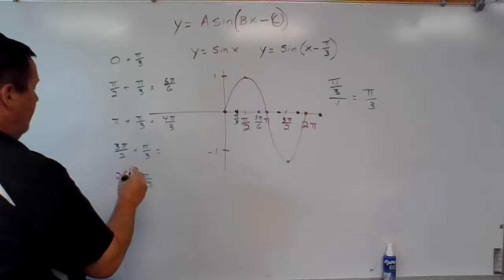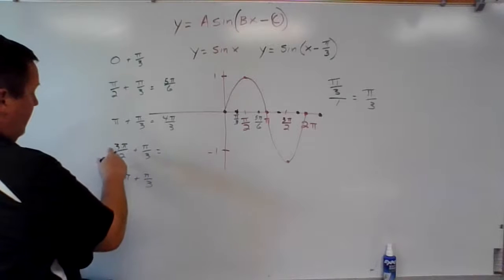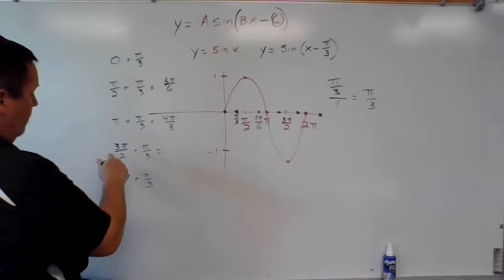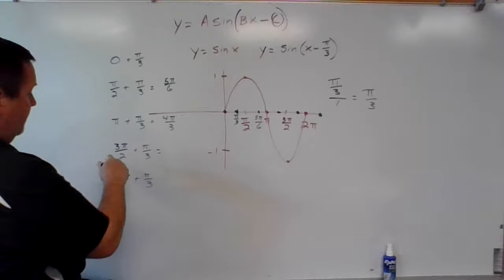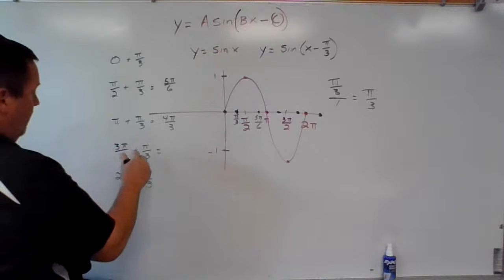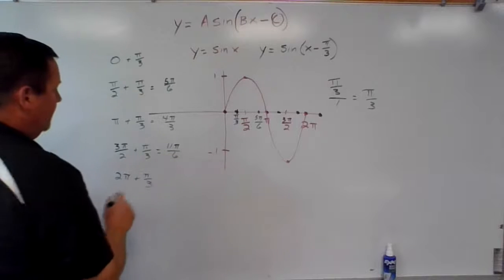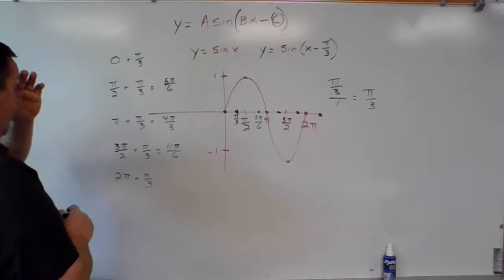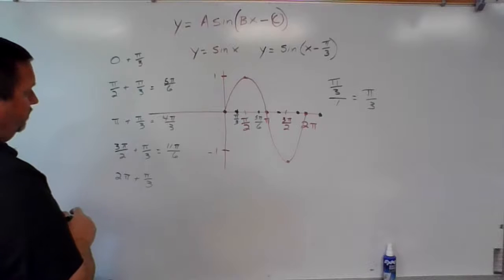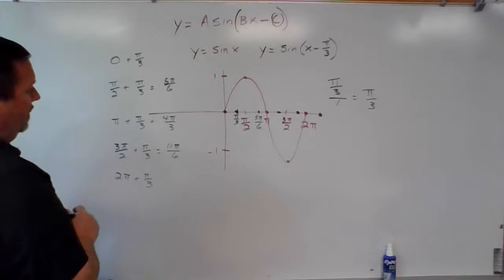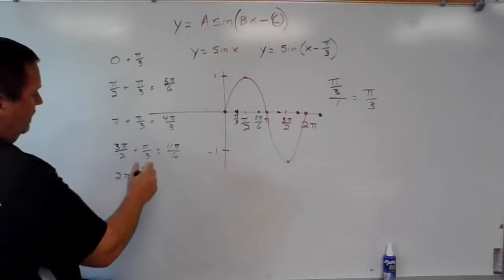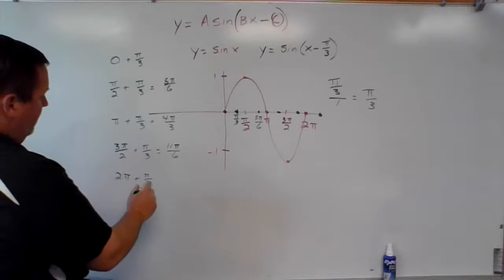This would be, let's see, 9 pi over 6 plus 2 pi over 6. Hopefully I got that right. 5 pi over 6, 8 pi over 6, 11 pi over 6.